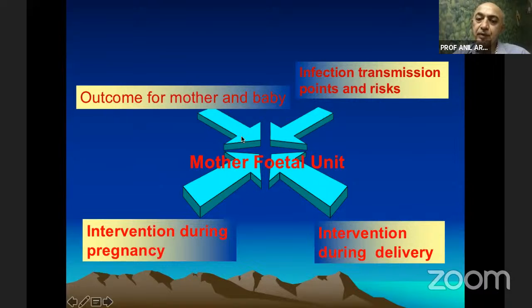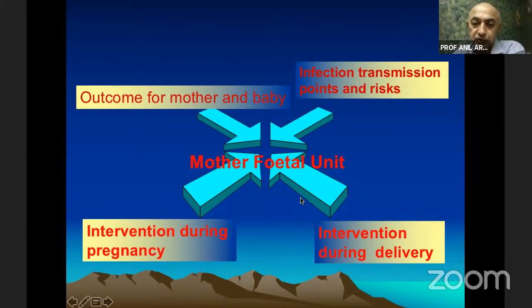So this is again coming back to the role of physicians, gastroenterologist, pediatrician, as well as the obstetrician to know the maternal fetal unit. The infection from the pregnant mother to the baby occurs mostly during delivery, when there is a large amount of intermixing of the fetal and the maternal blood.